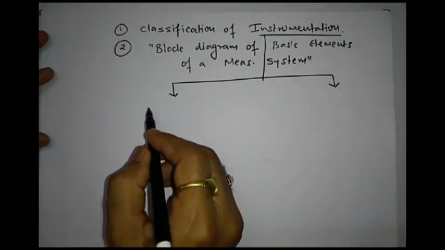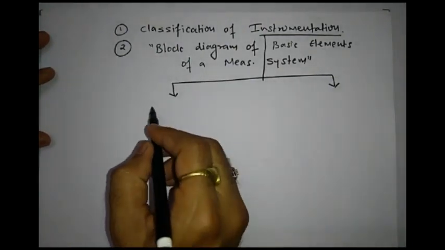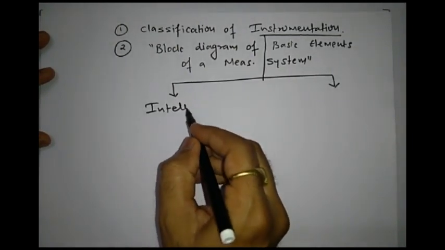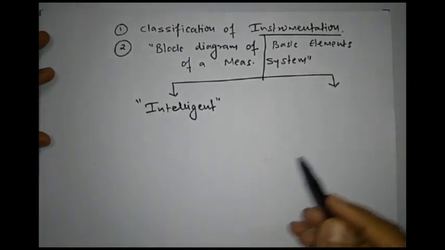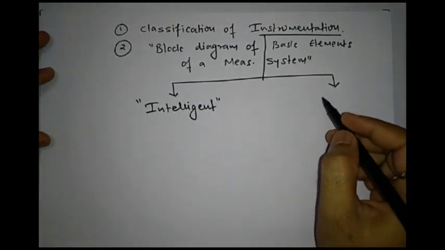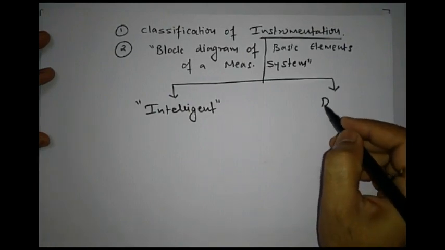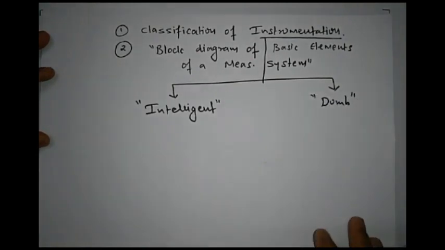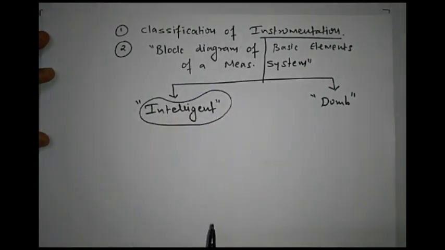The first one is called intelligent instrumentation system, and the second one is called dumb instrumentation system.